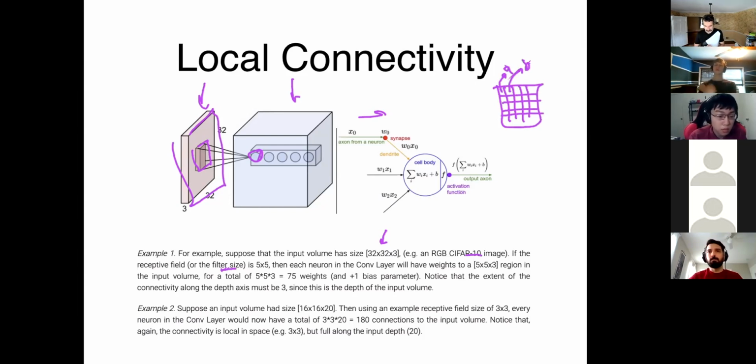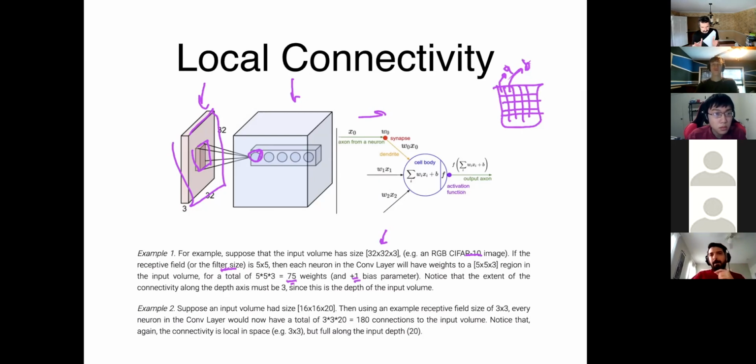This is the kernel size. Since we have a depth of 3, we need 3 of these kernels, right? So in total, we need 75 weights plus 1 bias parameter to learn.